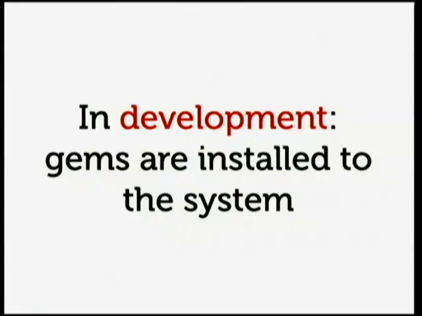So in development, if you're developing an application on your local machine and you run bundle install, by default it's going to install gems to a location that's global to the system. And by default, that's just the same location that Rubygems uses. That way, if you have many applications on your system, you don't constantly need to re-download and install the same gems.